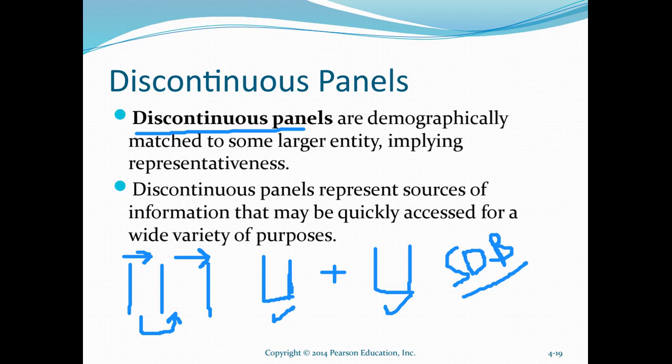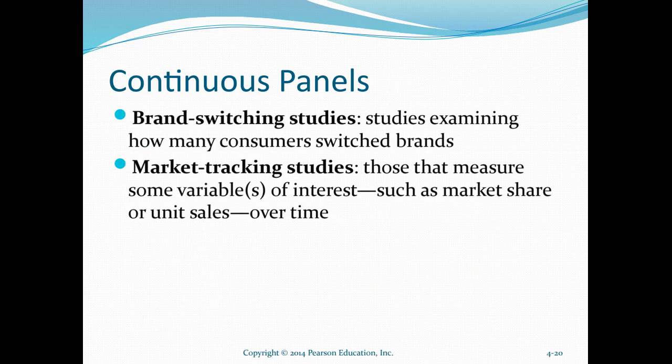In continuous panels, you can have brand switching studies, studies examining how many consumers switched brands. And you can use market tracking studies, those that measure variables of interest, such as market share or unit sales, over time. So this is what we're talking about, basic marketing research.